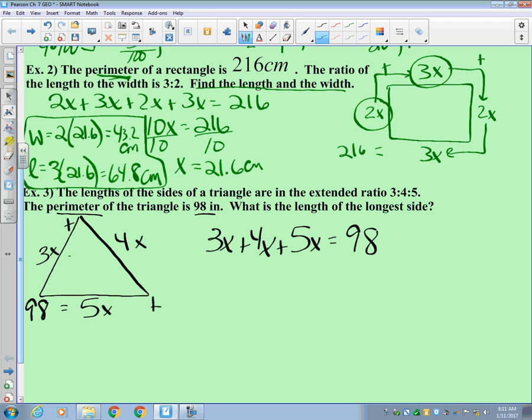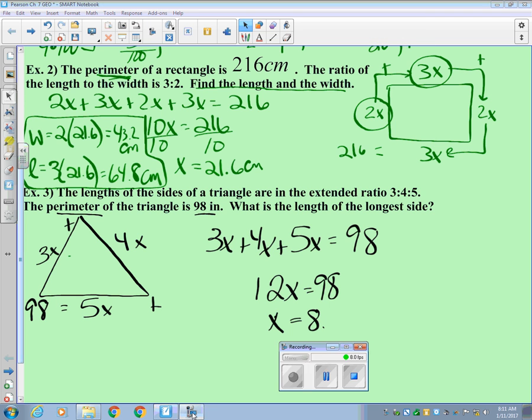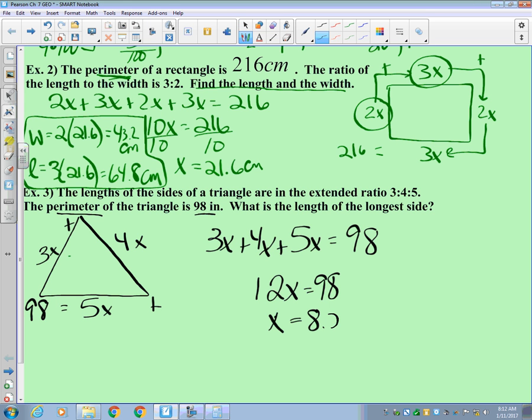So 3x plus 4x plus 5x is going to equal 98. We go ahead and do the math on that. That gives us 12x is equal to 98. And then x is equal to 8.2.